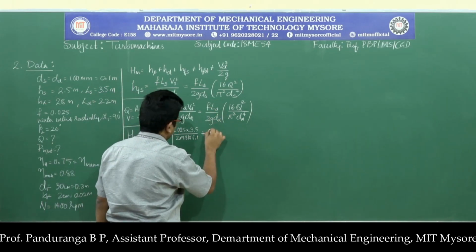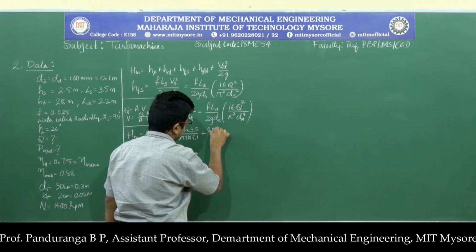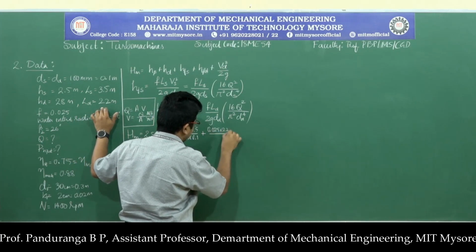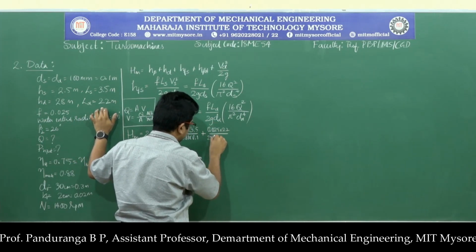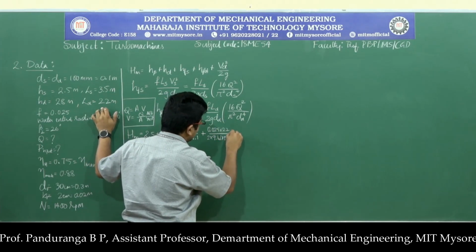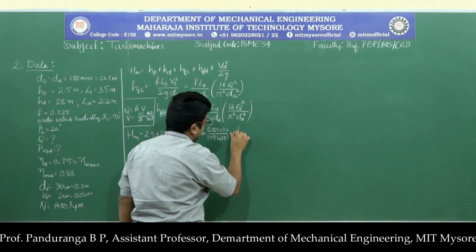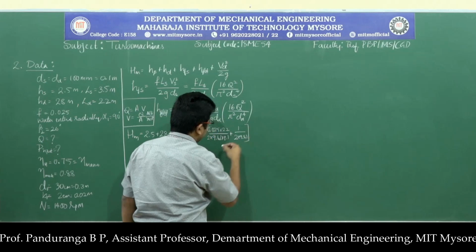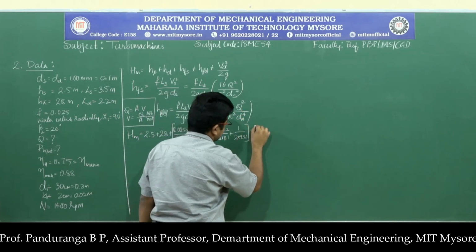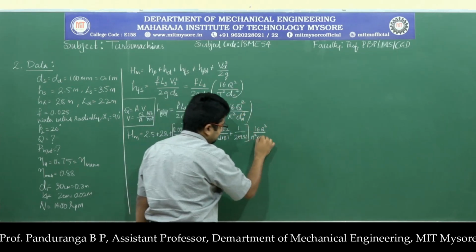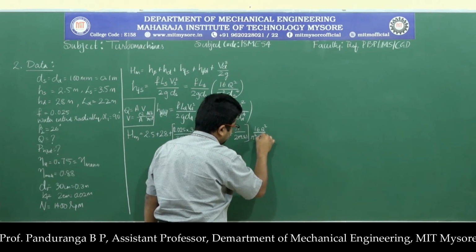Now I will take up this, again f is 0.025 into Ld is 22 divided by 2 into 9.81 into dd is 0.1, plus here I have 1 over 2 into 9.81, everything multiplied with this term, which is 16 Q square divided by pi square into dd and ds are same, 0.1 whole to the power of 4.